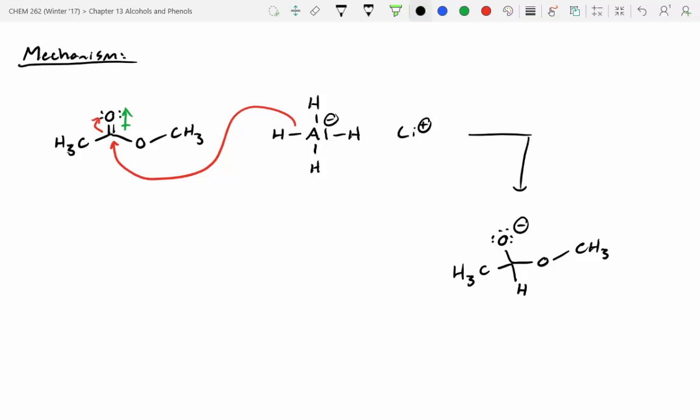So the question was, what's the mechanism through which we can get two molecules out of this?